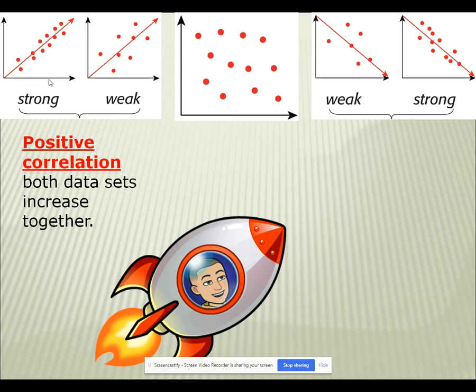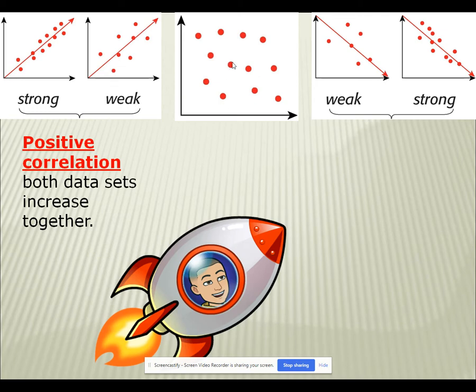As the X is increasing, the Y is also increasing. Remember, the closer the points are clustered together, the stronger the relationship. If they're close together in a group, that's a strong correlation. If they're kind of spread out but still going in a pattern, that's still positive, but it's a weak one.